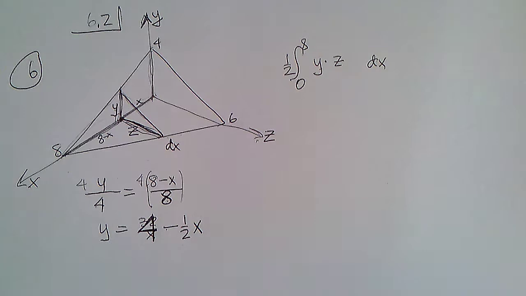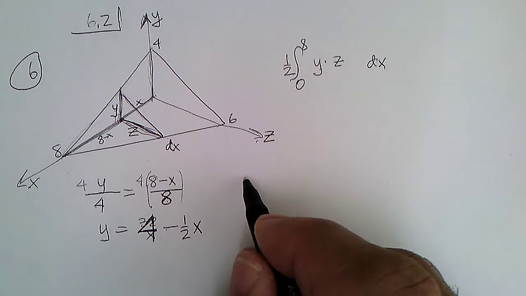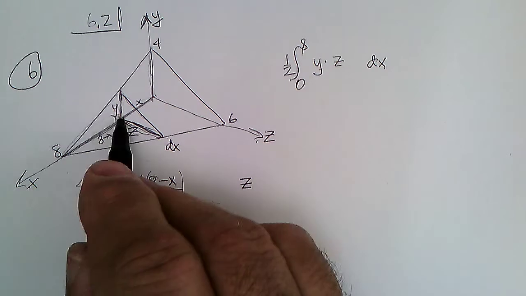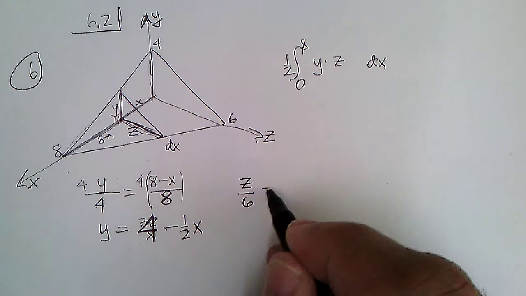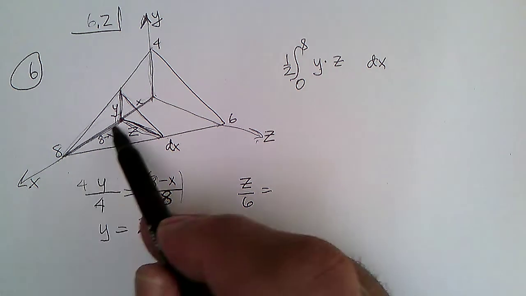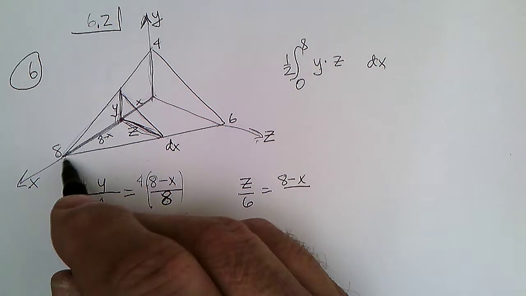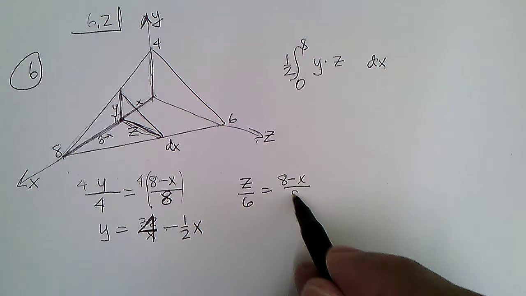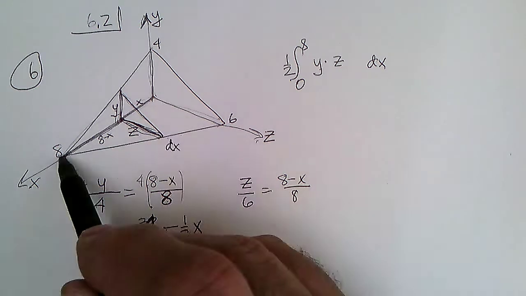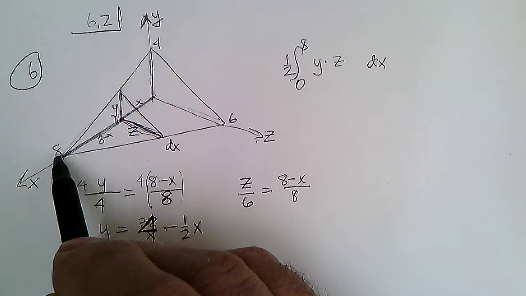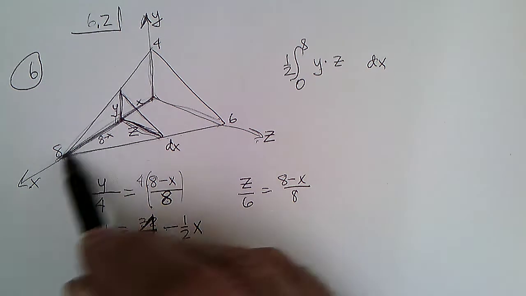There we go. Now I need to replace the z also, so it's going to be z is to 6 as 8 minus x is to 8. So this to this as this is to this. So I'm looking at this triangle and this triangle.